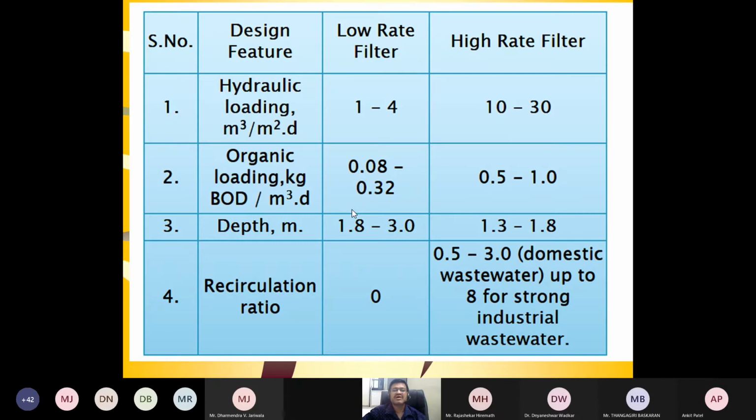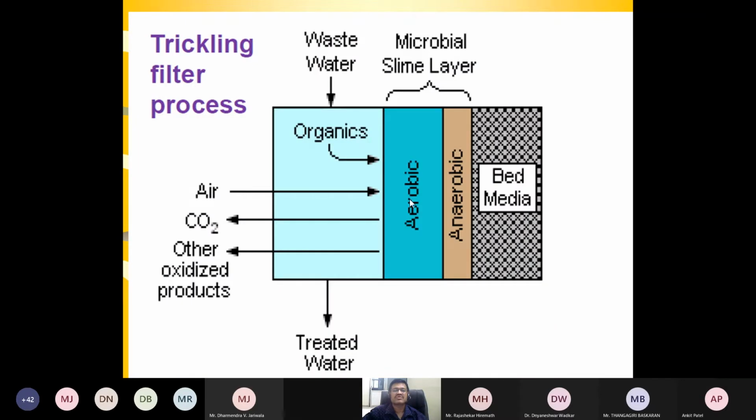I can show you. First we'll see here. Let us say this is the plastic media, and you see the bacteria are attached to this media, and wastewater is coming from upwards. Whatever bacteria are attached to the media, the same reaction will happen: organic matter plus oxygen gives CO2, H2O and other oxidized products.